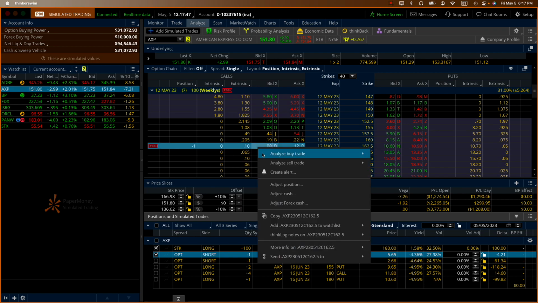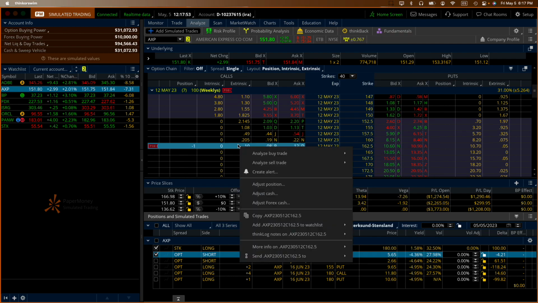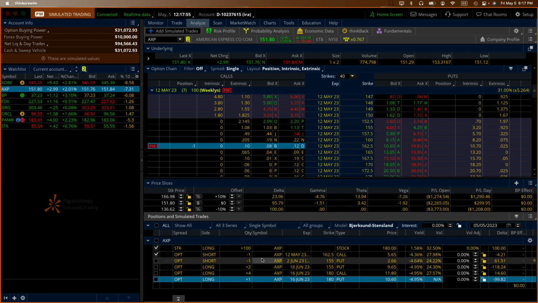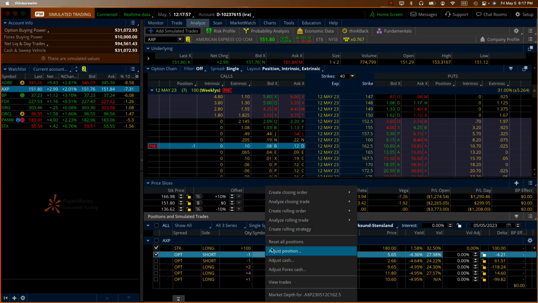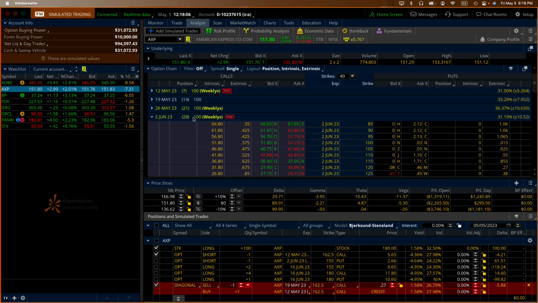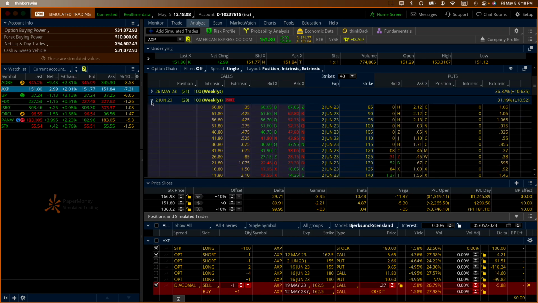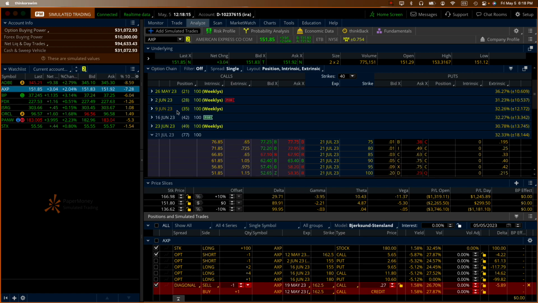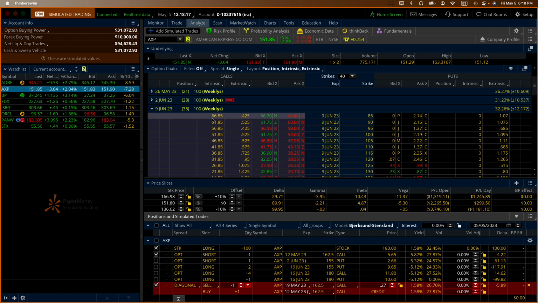So let's say analyze rolling. I need to select it from here to do the rolling. Analyze rolling. And I'm not going to specify which I'm going to roll it to just yet, but it would have to be something between June the 2nd, 28 days to expiration, or how about June the 9th?